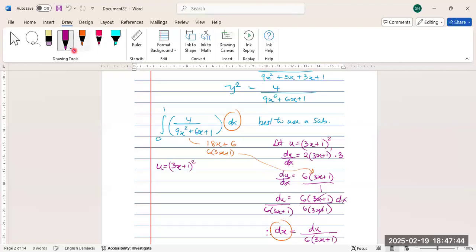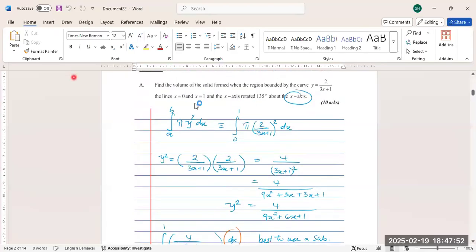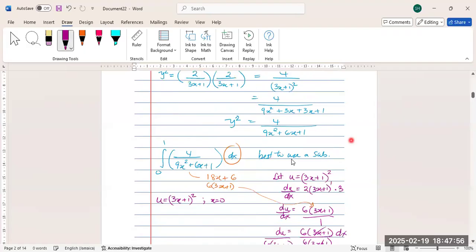But if I'm going to do that for x equals 0, what did they say to me? x equals 0 and x equals 1. So I'm going to make it for x equals 0. So work with me.